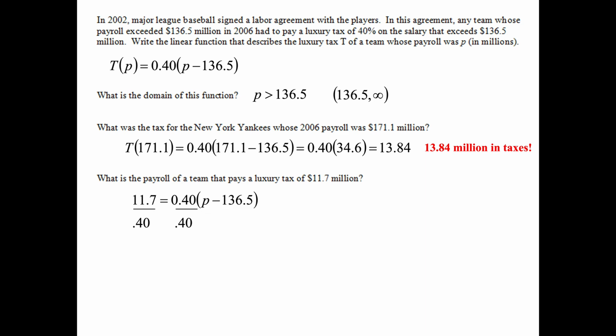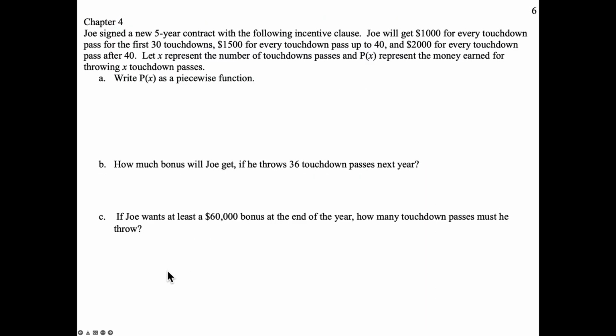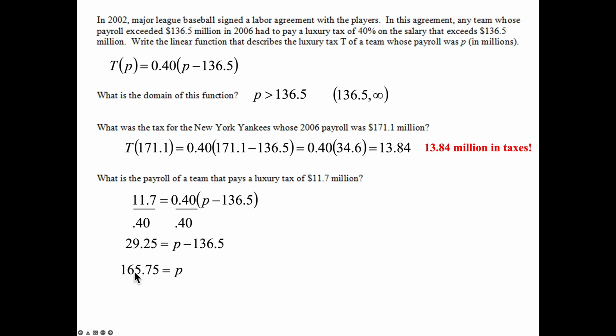So let your calculator do that. 11.7 divided by 0.40 is 29.25. Now the parentheses are gone. We can add over the 136.5 to the 29.25, and the payroll was 165.75. All right, and that takes care of the part 3 video.